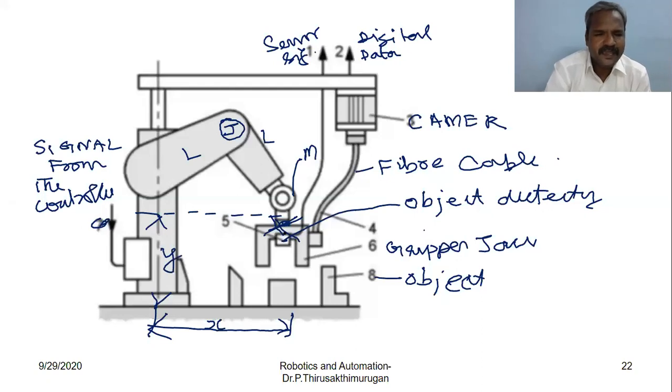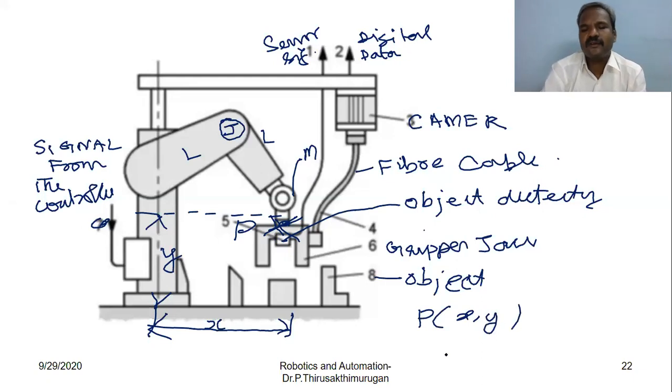Let us assume P is the position of the end effector, that is the gripper. Normally we represent P as x comma y. It's called the world coordinate. So the position of the end effector is at x distance and y distance. Clear?